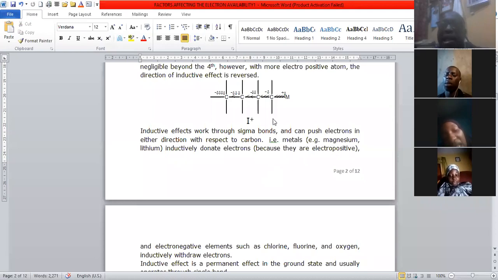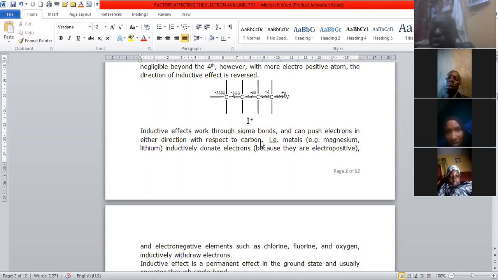When you have an electronegative atom attached to a carbon chain, for example bromoethane, where bromine is attached to ethyl, you will have a negative inductive effect because bromine will be pulling electrons toward itself.